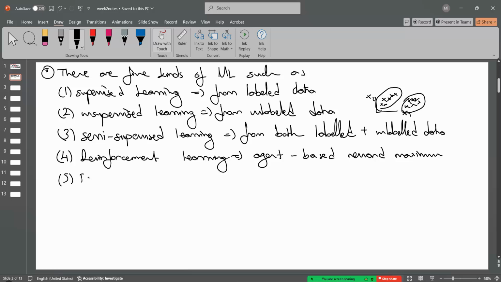And also we have deep learning algorithms in order to learn our model or the data distributions. Okay? This is called an artificial neural network with multiple hidden layers.